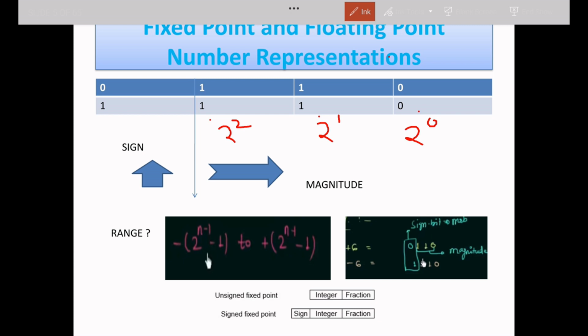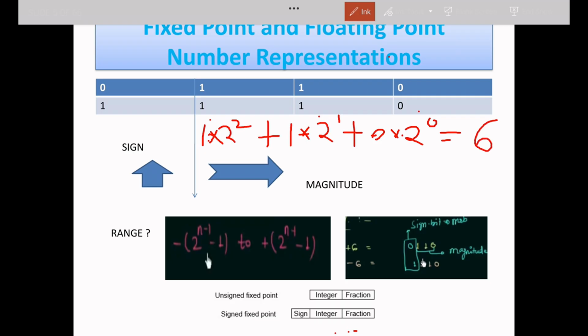This 2 to the power 0 is equal to 1, but it is multiplied by 0. So you multiply 0 by 2 to the power 0, then add 1 times 2 to the power 1, then add 1 times 2 to the power 2. The final answer is 6.